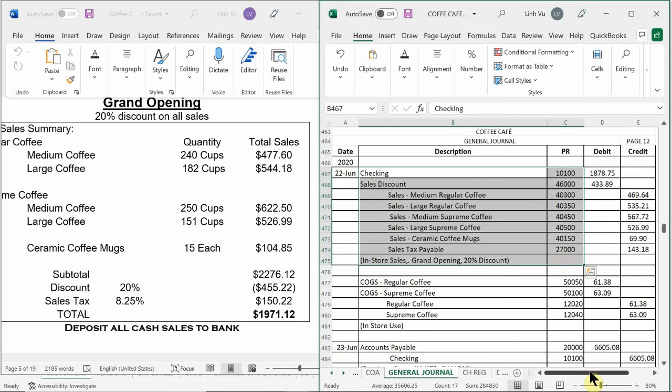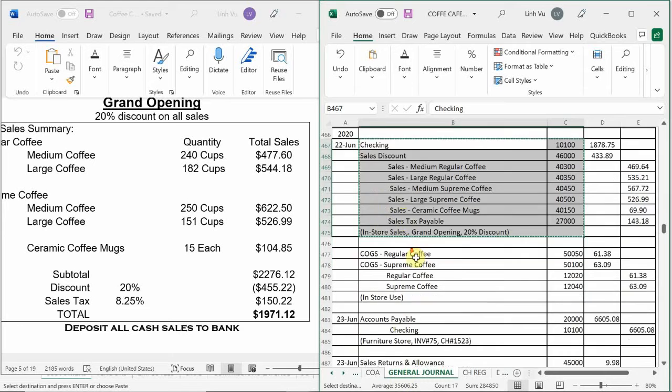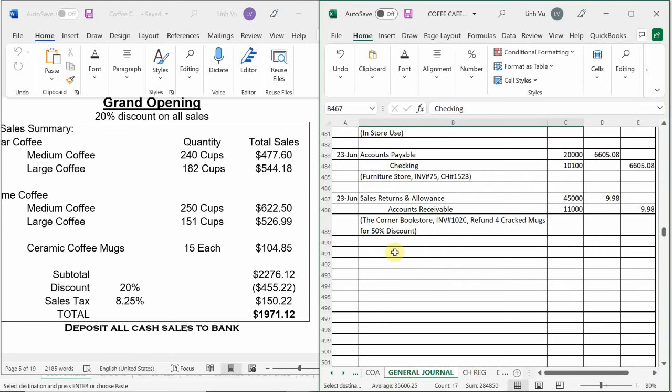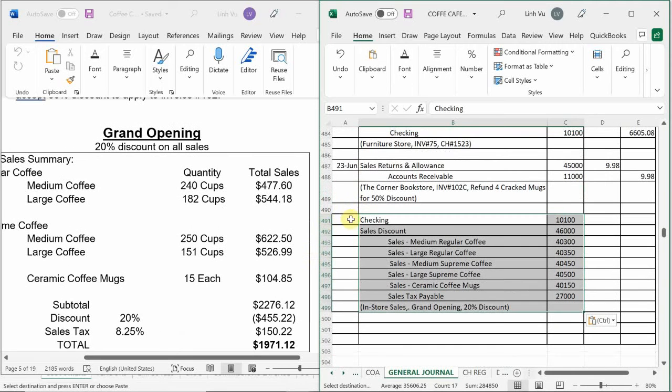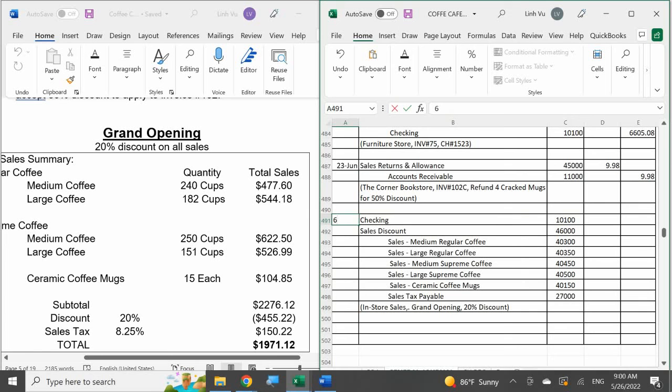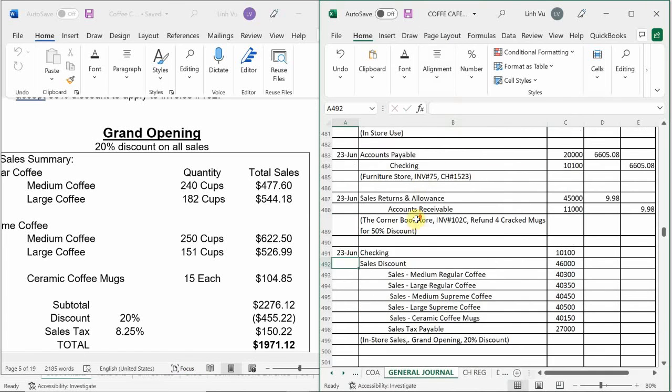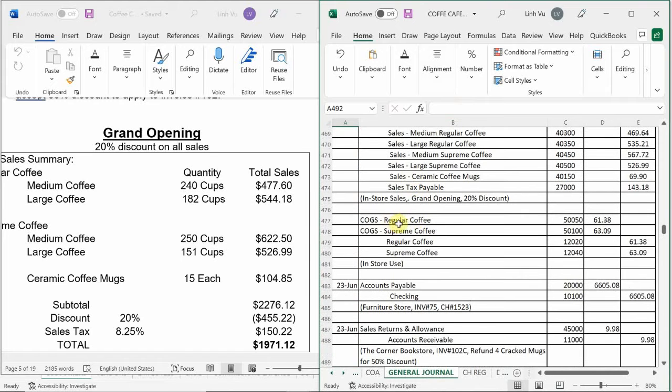That's okay because the inventory is a separate transaction. It's part of this transaction, but it doesn't have to be glued to it. Definitely not enough space for the cost of goods sold, so that's going to go on to the next page.